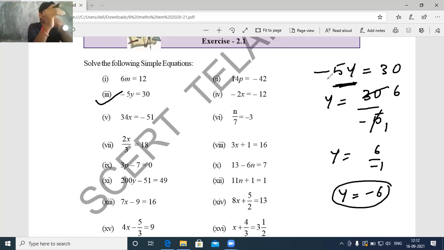But when you transpose multiplication terms and division terms, they do not change their sign. Minus remains, plus remains. But the multiplication becomes division, and division becomes multiplication.